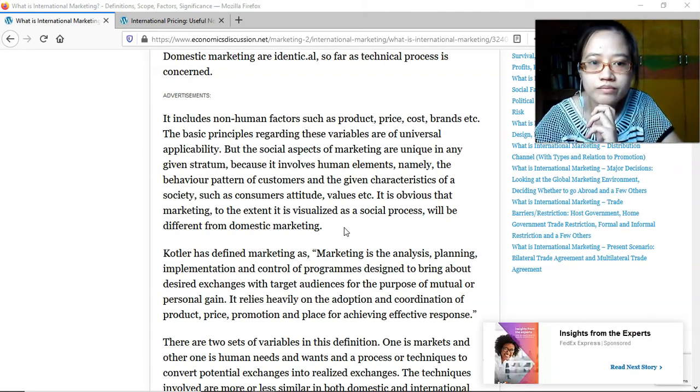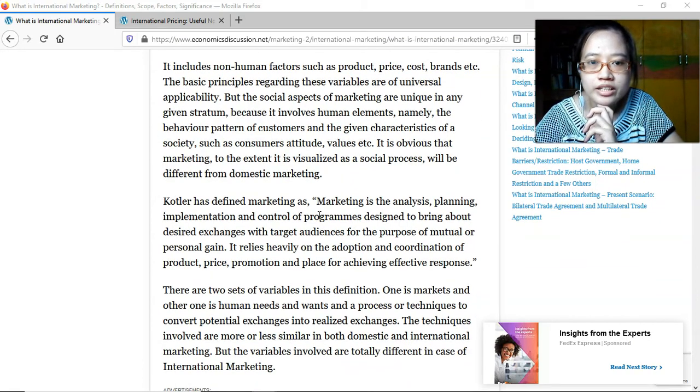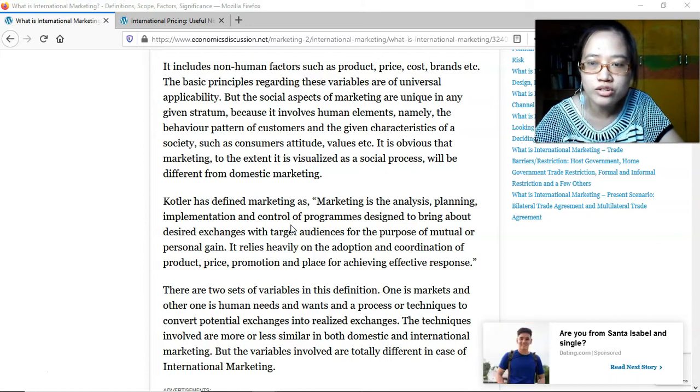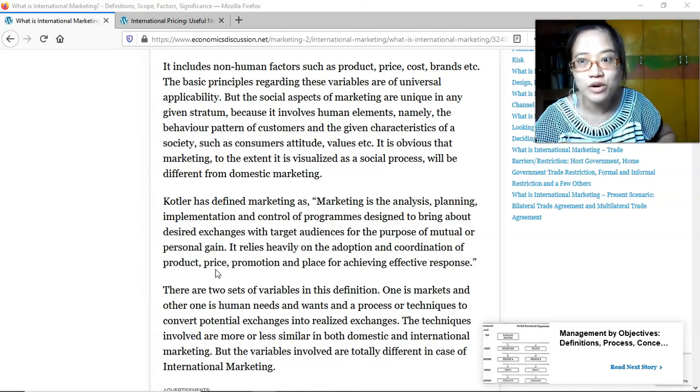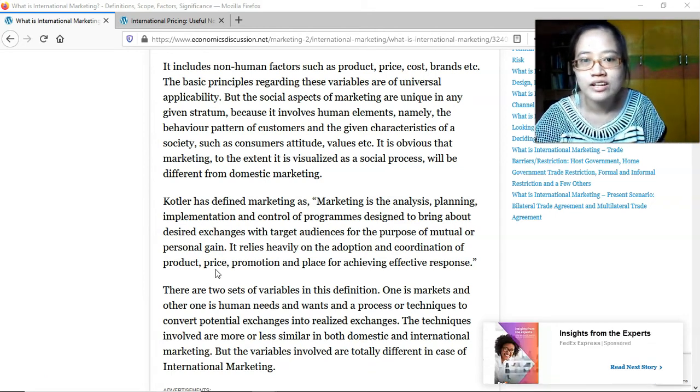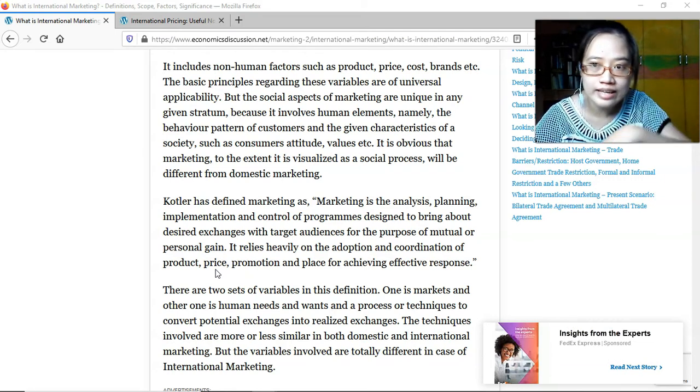Kotler has defined marketing as the analysis, planning, implementation, and control of programs designed to bring about desired exchanges, sale, with target audiences for the purpose of mutual or personal gain. The reason why you are trying to market a product is to eventually result in a sale.